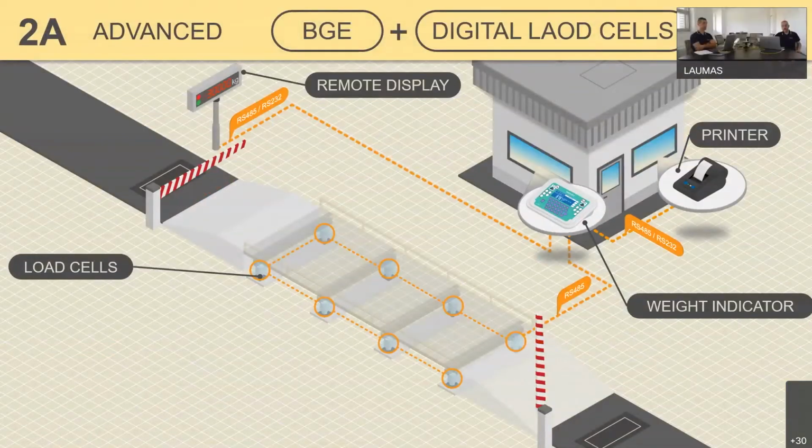Now we can switch to the second solution that we are going to analyze, and is the one that we have called advanced. For this kind of configurations, we considered two options, A and B. The A configuration is composed by our brand new digital load cells model COD, combined directly with our advanced Weighbridge indicators series BGE, and by our remote display with integrated traffic lights.